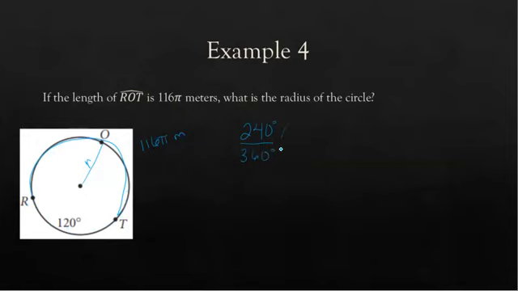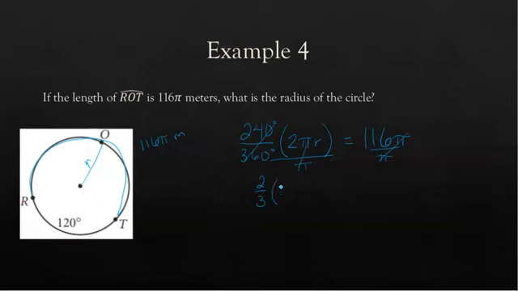We also know that we would multiply that by the circumference, which is 2 pi r, to get our arc length of 116 pi. I'm going to reduce this fraction to 2/3. I'm also, at this point, going to divide both sides by pi so that we don't have to work with that irrational number.